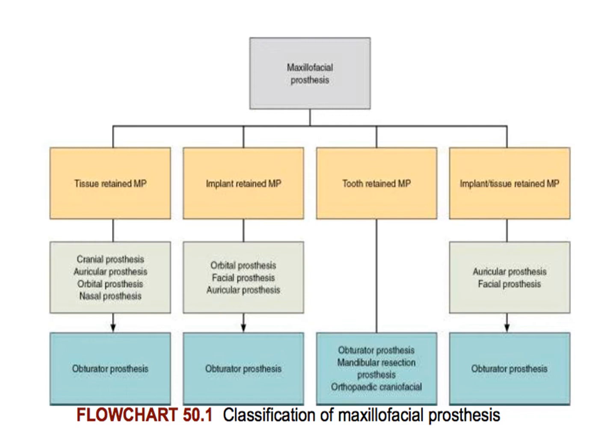In tissue retained, you can see cranial, ocular, orbital, and nasal prostheses. In implant retained, we can include orbital, facial, and auricular. In tooth retained, obturator prosthesis, mandibular resection prosthesis, or orthopedic craniofacial prosthesis can be included. In implant or tissue retained, auricular prosthesis and facial prosthesis can be included.